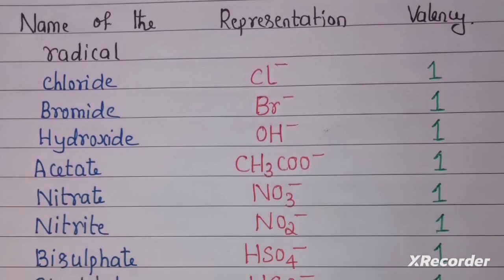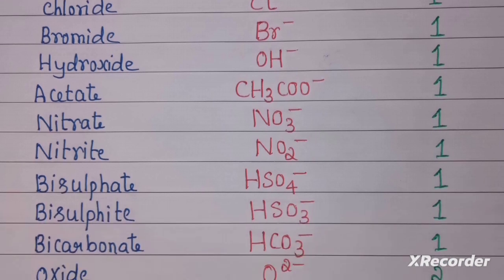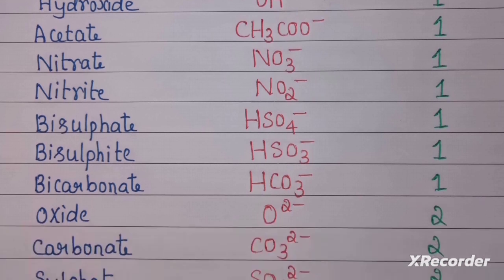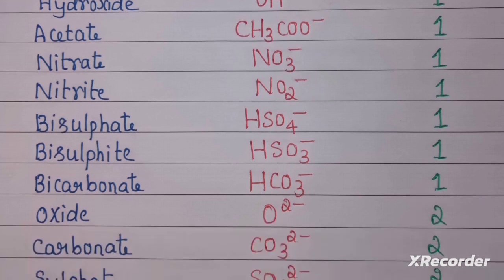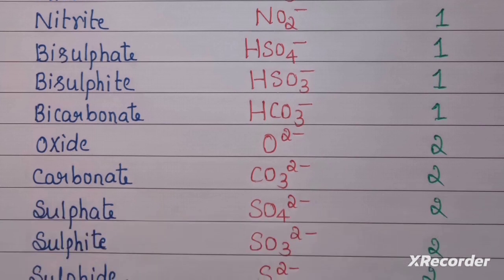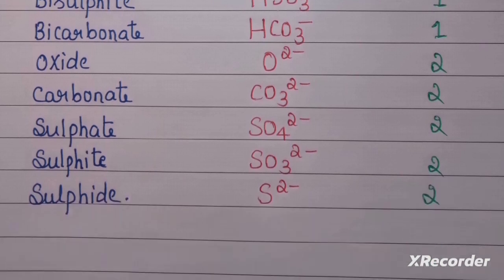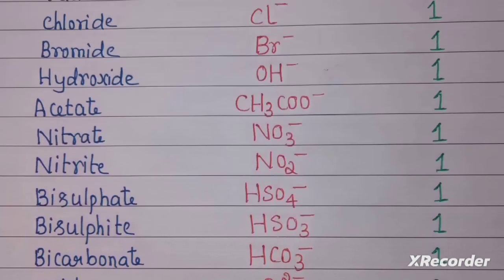Some of the common anions are chloride ion Cl minus, bromide ion Br minus, hydroxide ion OH minus, acetate ion CH3COO minus, nitrate NO3 minus, nitrite NO2 minus, bisulfate HSO4 minus, bisulfite HSO3 minus, bicarbonate HCO3 minus, oxide O2 minus, carbonate CO3 2 minus, sulfate SO4 2 minus, sulfite SO3 2 minus and sulfide S2 minus.